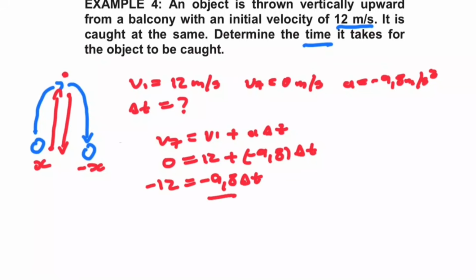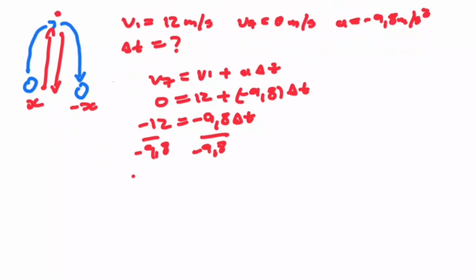We need to divide both sides by minus 9.8. So let's just go ahead and do that. Delta t will be equal to 1.2245 seconds. We are rounding off to 4 decimal places because we are not at the final answer. We only round off to 2 decimal places when we are at the final answer.